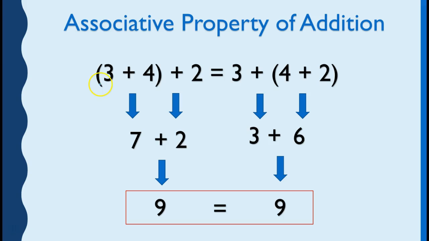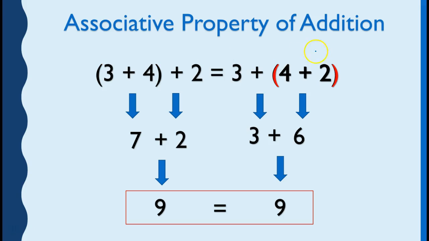And it kind of plays with your eyes when you look at a long equation like this, but you just need to take it one thing at a time. And the only difference between these two sides is that the grouping is different. On this side, you're grouping 3 plus 4, meaning that you want to do that part first.